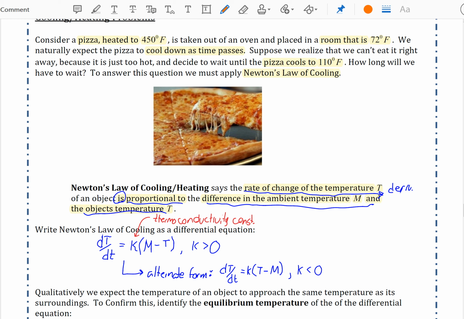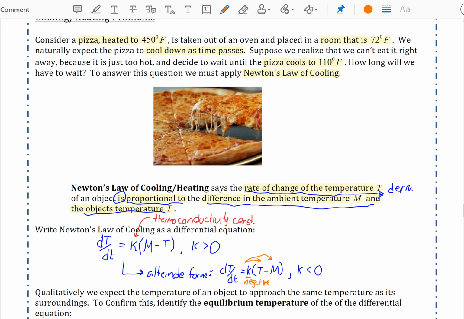Because if you imagine that K, your thermal conductivity constant, is negative, you could distribute just the negative sign into the parentheses. Only the negative sign.